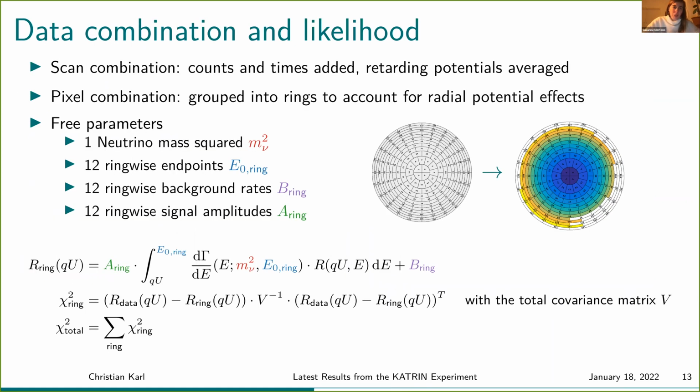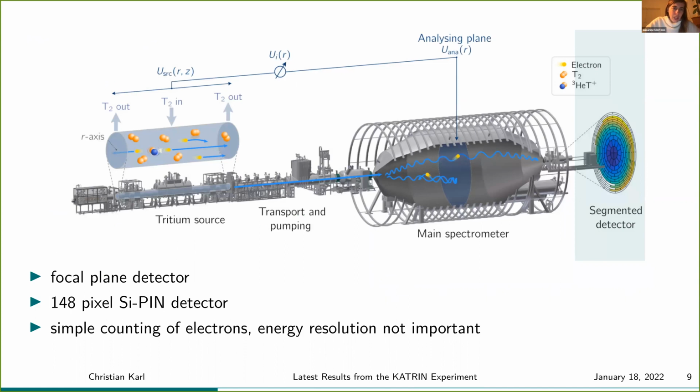If you want to see the whole beta spectrum, you would have to lower this electrostatic filter, the spectrometer voltage, to let all the electrons go through. But then the rate of electrons will be tremendous. It will be 12 orders of magnitude higher than in the region where we currently measure. So currently we only look at the endpoint.